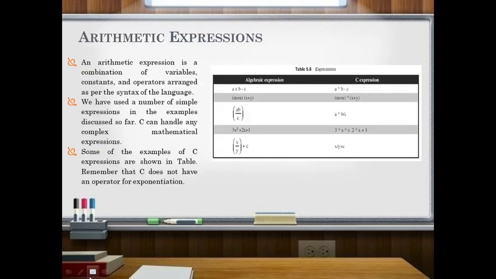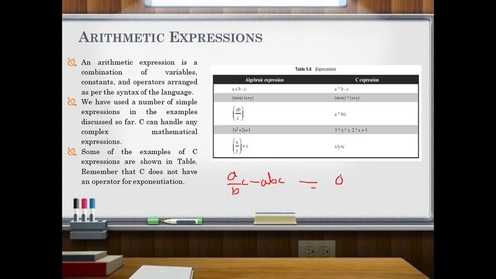Can anybody tell me how we could write the expression a by b into c minus a, b and c in C language?